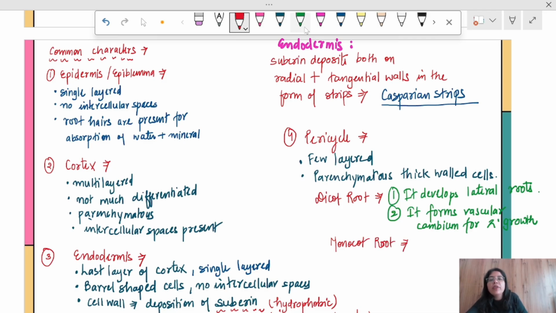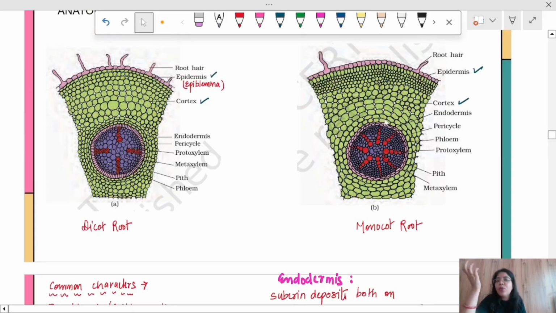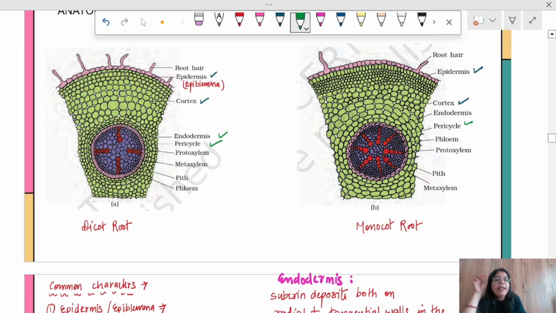Monocot root, only one function, it develops lateral root. It does not help in any way in developing vascular cambium because cambium is not present in the monocot root. They don't do secondary growth, right? That is the difference. So I hope you understood up to pericycle, right?